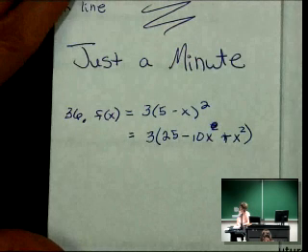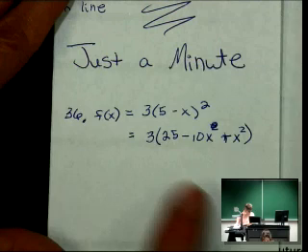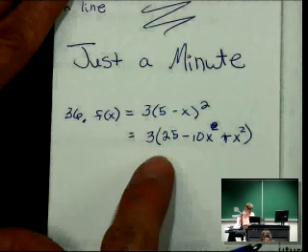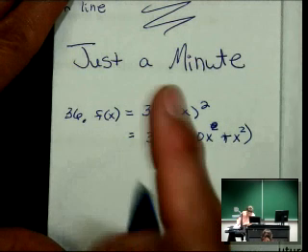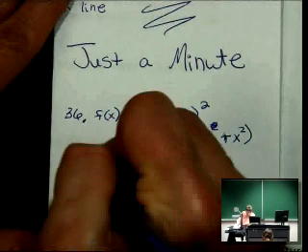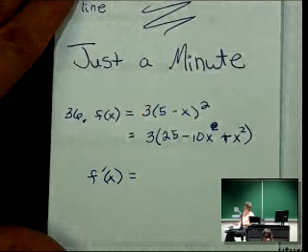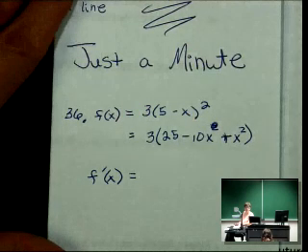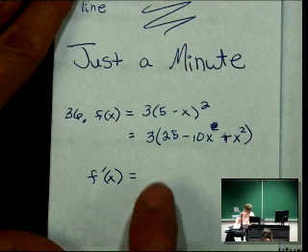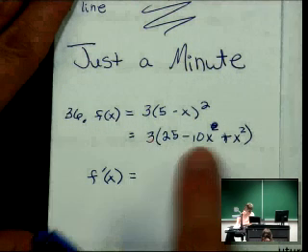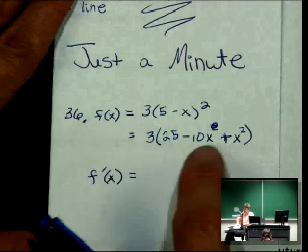And then I could either leave it in this form or distribute the 3. If I leave the 3 undistributed, what do I do when I take the derivative of that function? Keep the 3 or lose the 3? That's a constant times a function. You keep the 3 and differentiate the function.